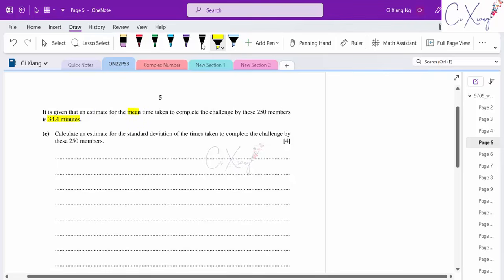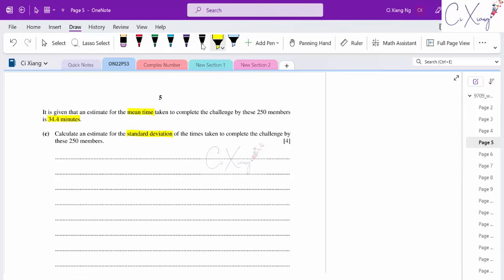So we are given the mean time, and they want us to calculate the standard deviation for these 250 members. Before we calculate the standard deviation, I need to convert my data into classes so that I can get the midpoint, which is the x, and also I need to convert my graph from cumulative frequency to frequency, which is the f.